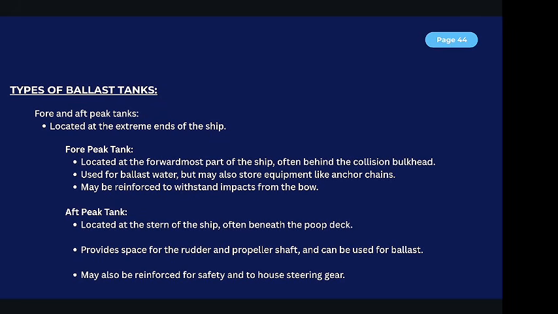While the aft peak tank is located at the stern of the ship, often beneath the poop deck.